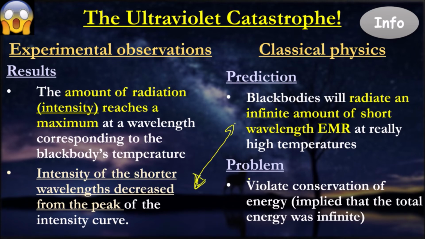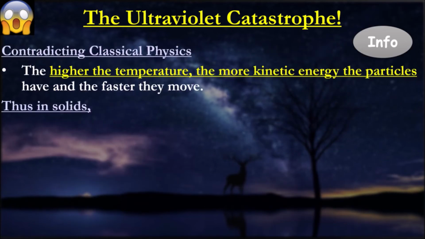But a good thing it didn't, because if it did, it would violate the conservation of energy. If the curve kept on going up, somehow the waves are producing more energy, even though I haven't actually increased the temperature any higher. So that is something that we need to understand and look into, why that's the case.